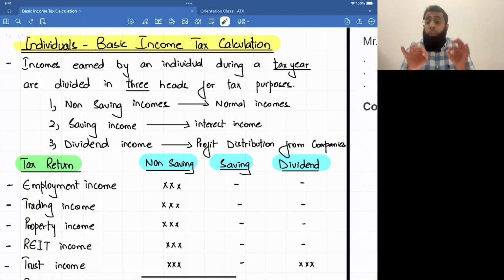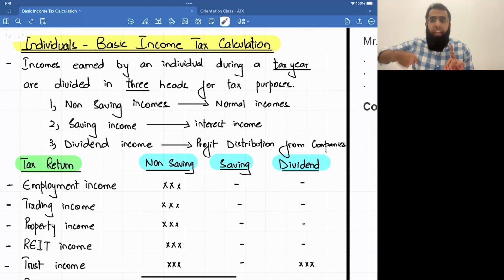The current course which we are studying is Finance Act 2025. Please listen to me carefully. I told you in the previous class also. Finance Act 2025 means the tax year of 6th April 2025 to 5th April 2026.